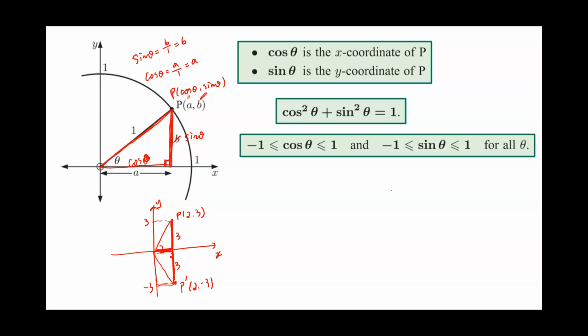If you compare that with the 2 and 3, you understand why it represents length. So we can see that cos θ is the x coordinate of P, and sin θ is the y coordinate of P.